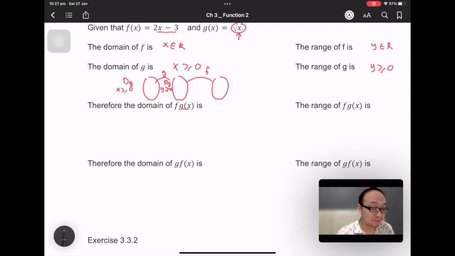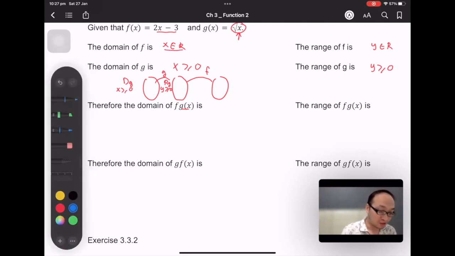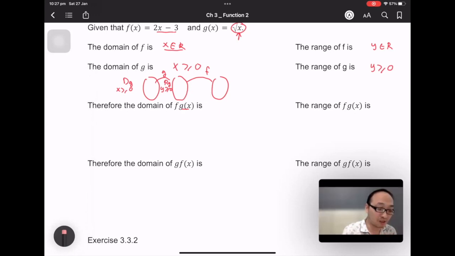Now, this result will be continued by f. So we have to check the domain of f. The domain of f is x an element of the real numbers. I change the color here. So the range of g will become the domain of f.